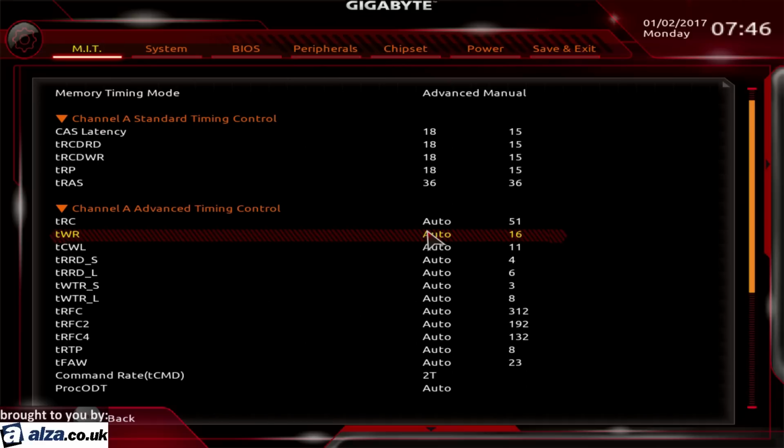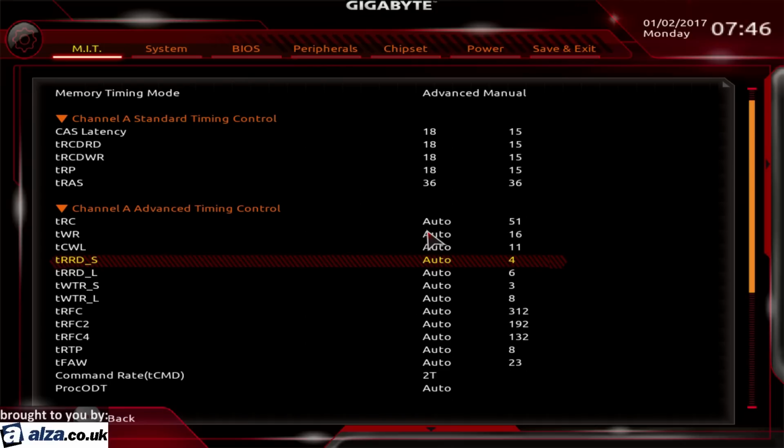Then we have TWR, which I already mentioned, TCWL as well. TRRDS and TRRDL, as a really basic rule of thumb, if you keep them one apart, so like 8 and 9, that generally keeps them stable.